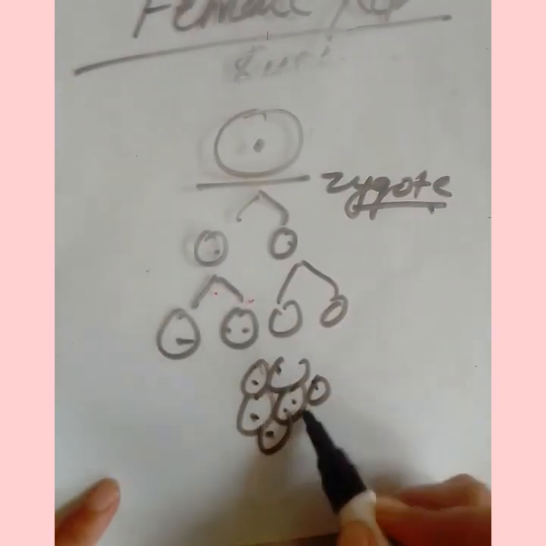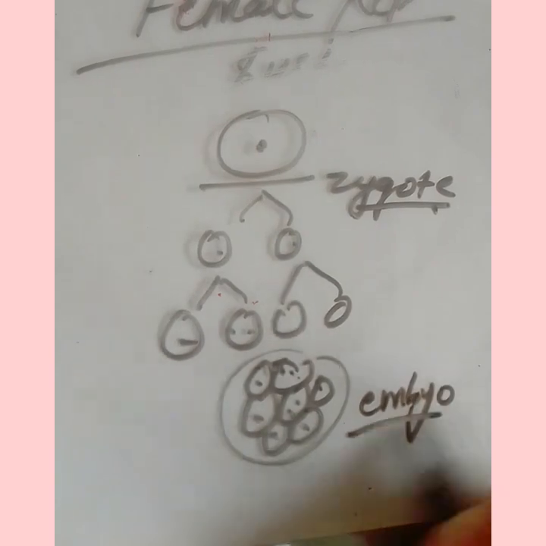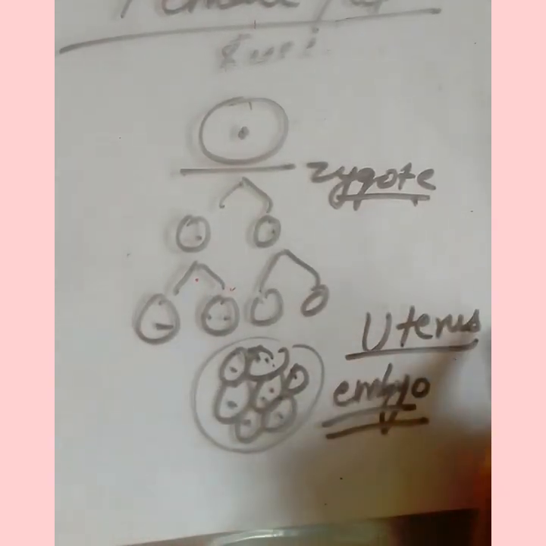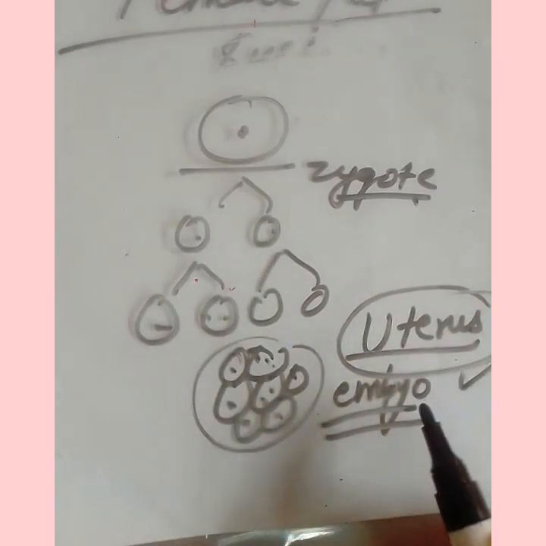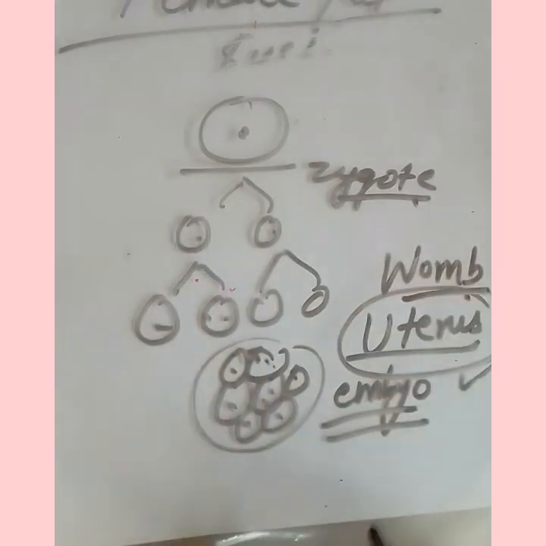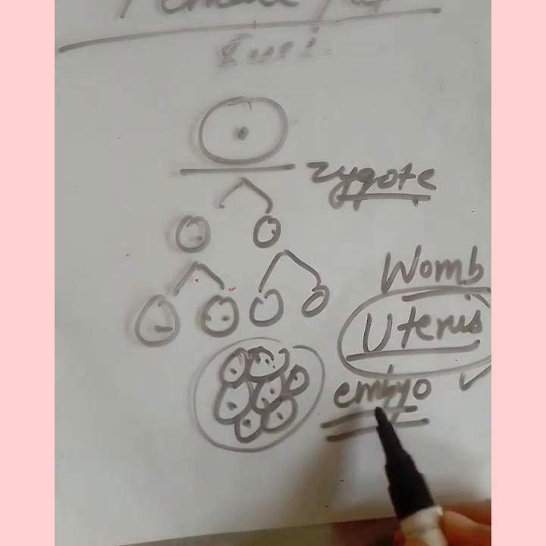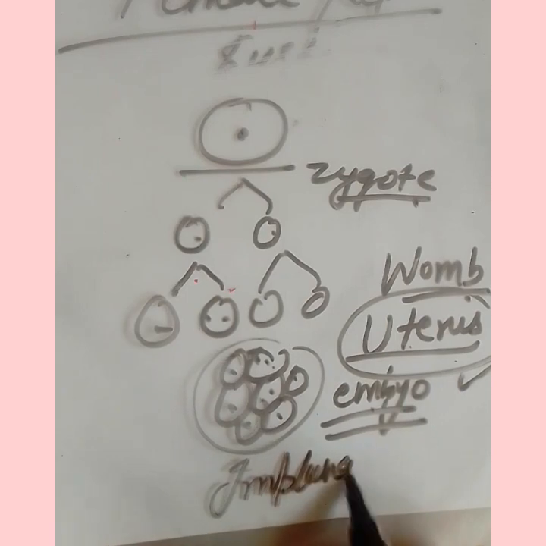This cluster of cells is now called the embryo, and it will enter the uterus and fix itself there. The uterus is also commonly called the womb. The process of fixing of the embryo in the uterus is called implantation.